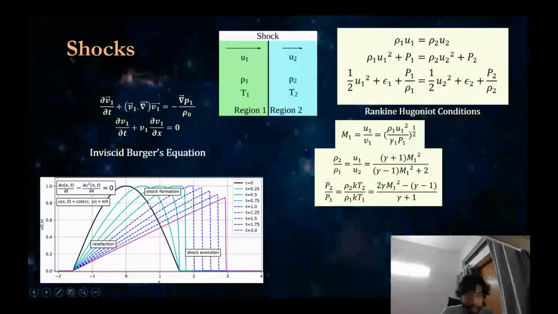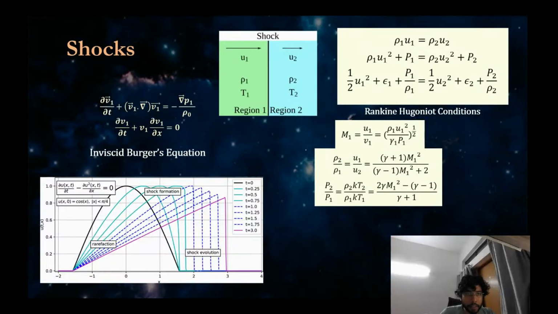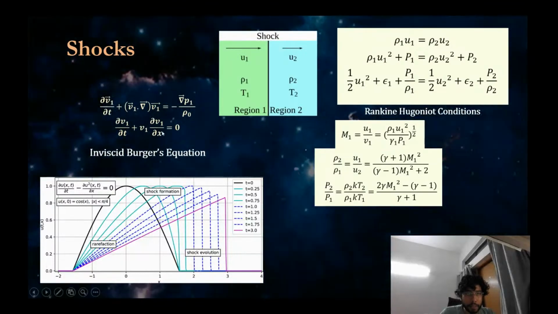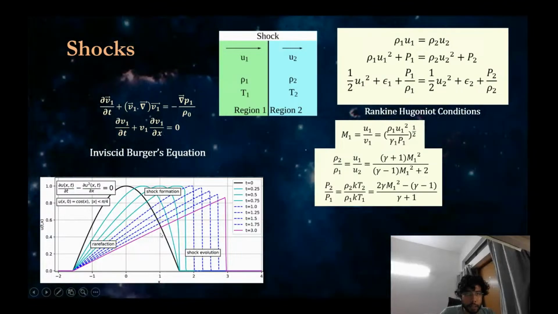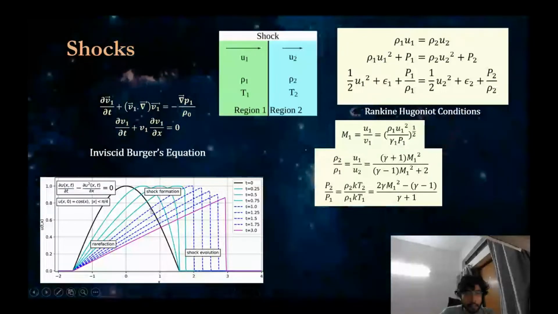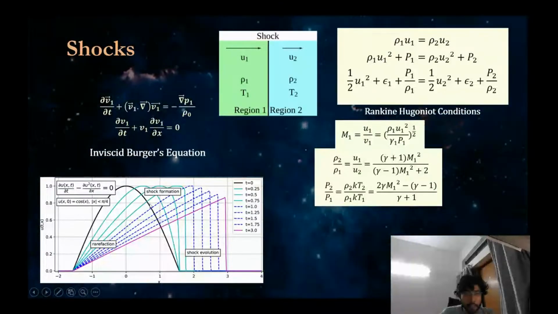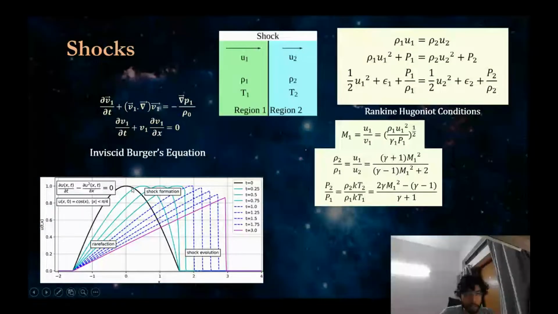So as I said, this side has negative del v1 del x. So del v1 del t will be negative, which means it will decrease with time.